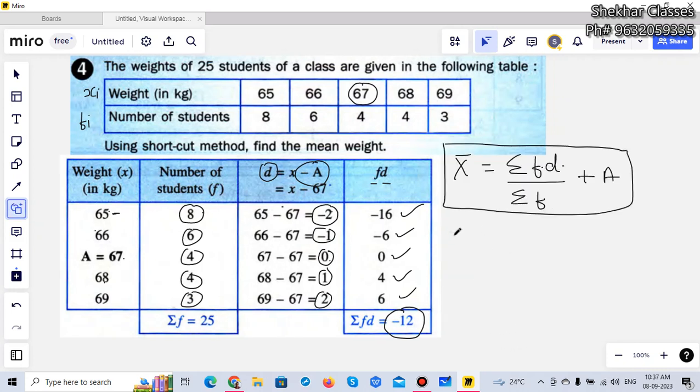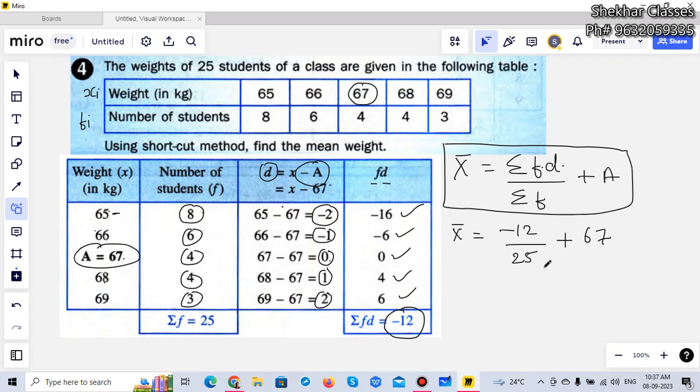Now we will use this formula to find the answer. So put the values there. Sigma of fd is minus 12, upon sigma of f, which is 25. Remember, you have to put the sign, otherwise you will get a wrong answer. Plus what was subtracted, 67. A was 67, right? So we add it back here.